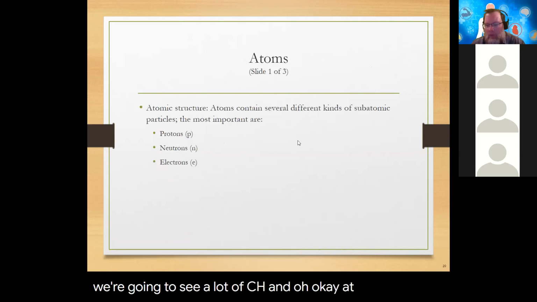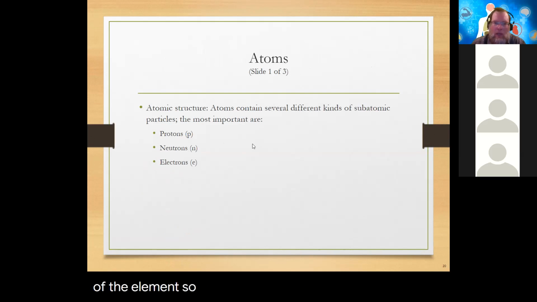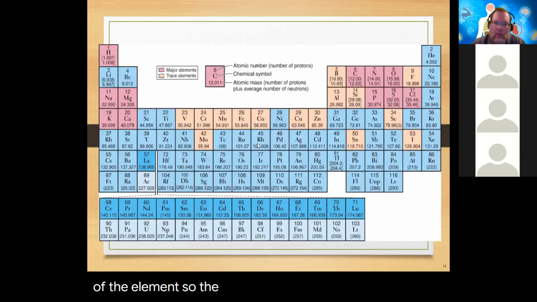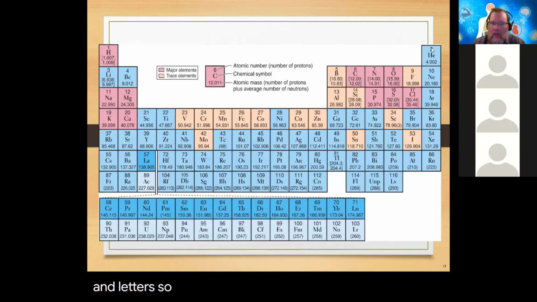When we look at atoms, we're going to look at the smallest structure of the element. So when we go back to our periodic table, we're going to see a bunch of numbers and letters. The number above the letter is what we call the atomic number.